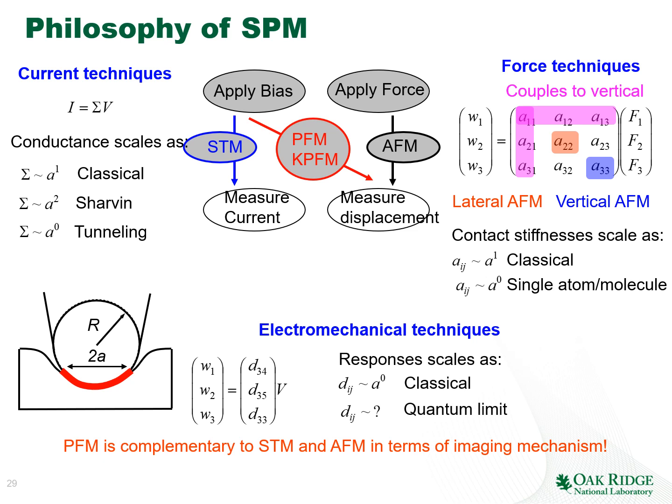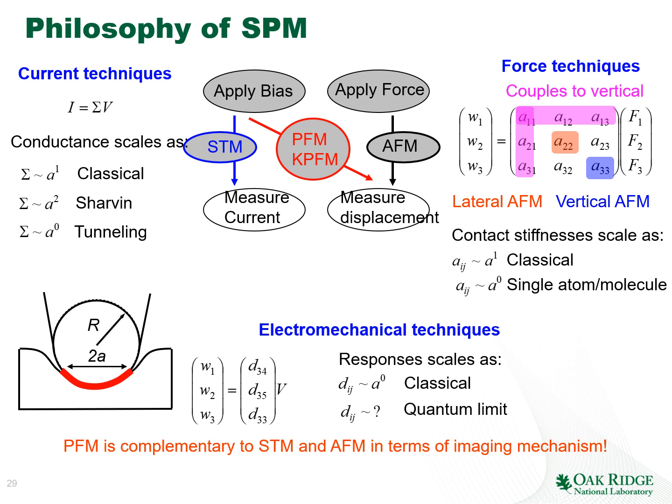In comparison, in electromechanical techniques such as PFM, we apply bias and we measure displacement. So our measured signal is a tensor, so that's what we measure in vector PFM. And what is extremely interesting is that in the classical regime, the measured electromechanical response does not depend on the contact radius. This is a fundamental fact, which can be obtained from both dimensionality theory and from more complex theory.